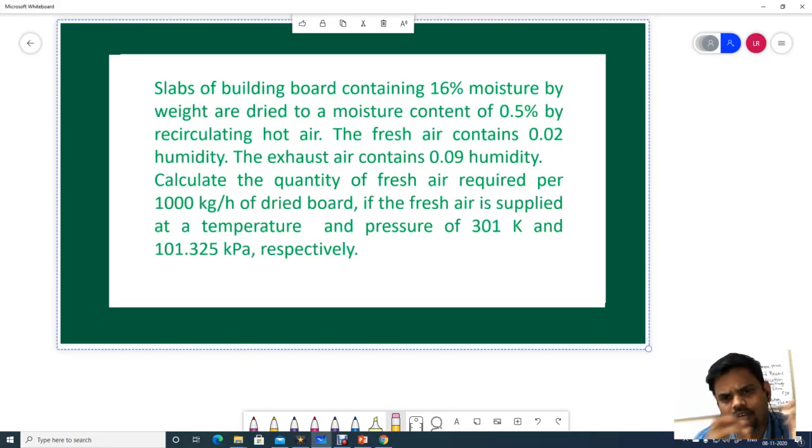But we have to add some fresh air also, because we have to maintain the moisture content, meaning we have to remove moisture from the solids. So usually a certain amount of air will be recirculated into the system and a certain amount of fresh air will be leaving. At steady state, you have a certain amount of air being recirculated within the system.